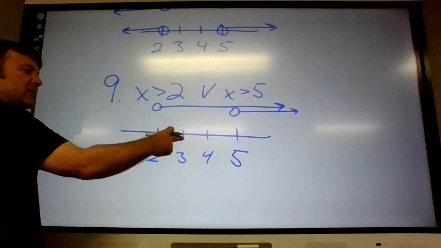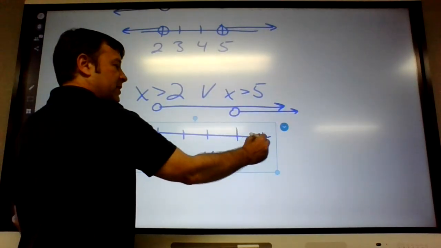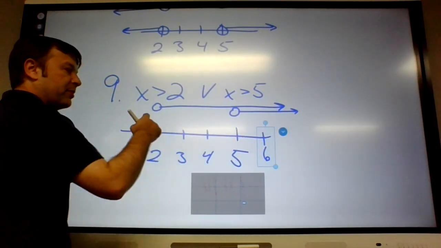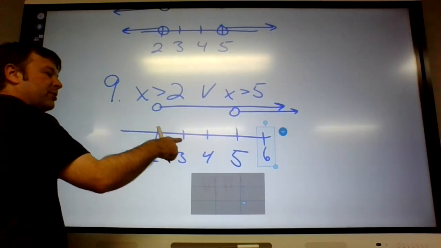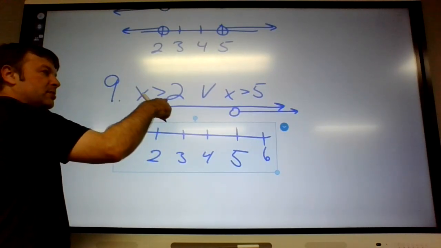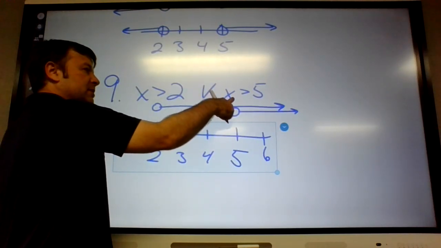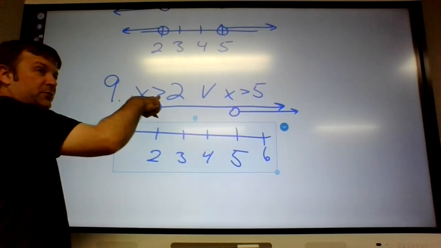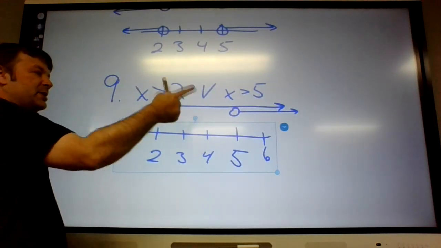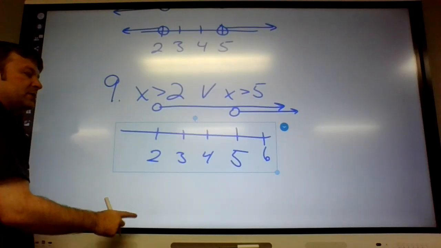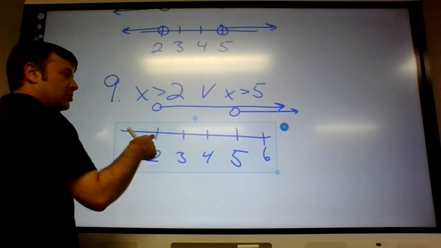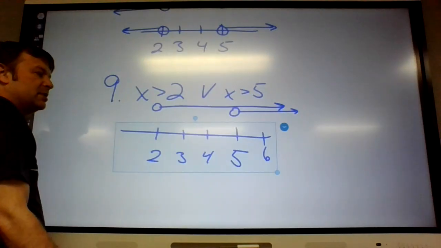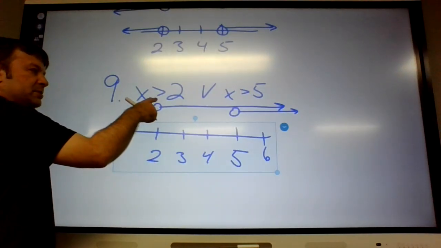Would the number, well, 6 over here, 6 would definitely be greater than 2 or greater than 5, right? Both. But is the number 3 greater than 2 or greater than 5? No. Yes. Oh yeah, because it's greater than 2, because it's or. Different than yesterday. Yesterday was an and. So it is greater than 2, so 3 would work. Would 2 work? Is 2 greater than 2 or greater than 5? No, 2 is not greater than 2.